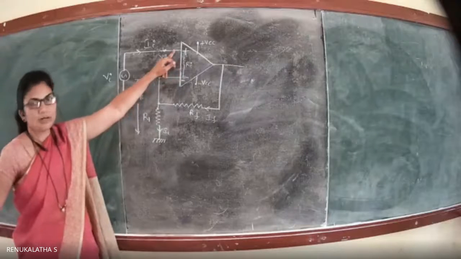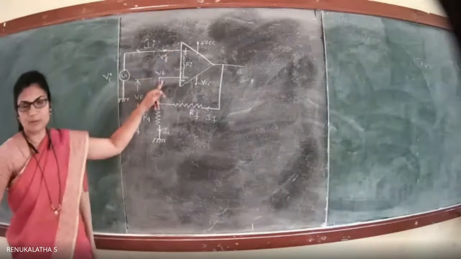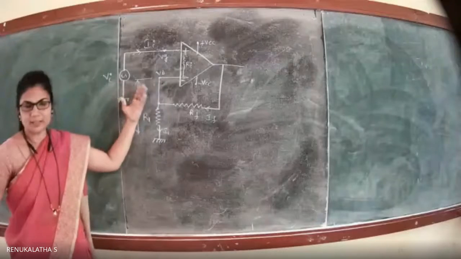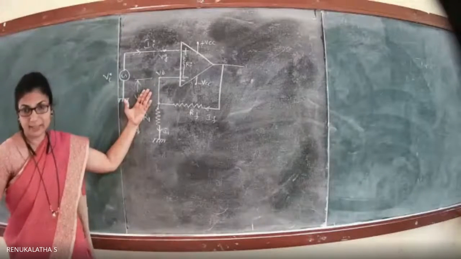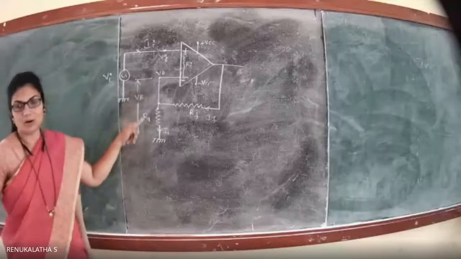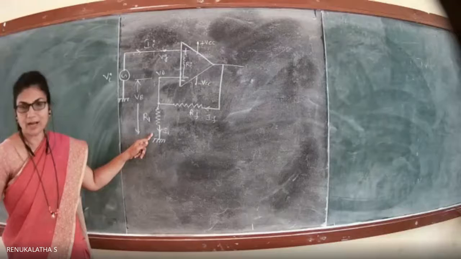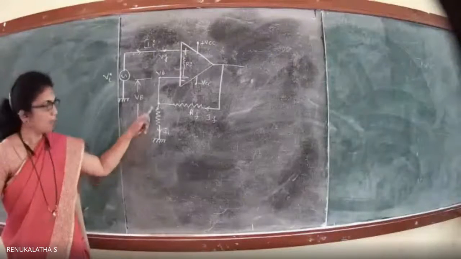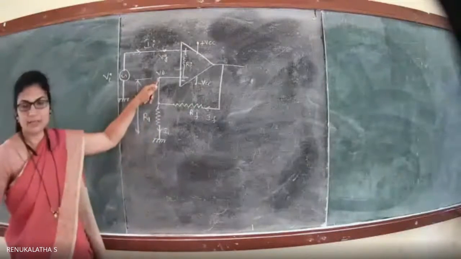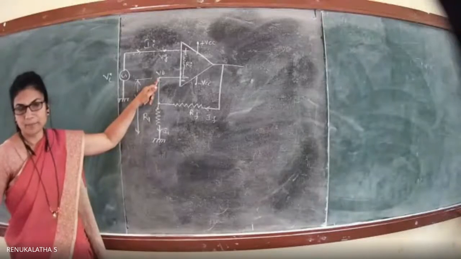Hence the voltage at this point should obviously be equal to the voltage at the other point. The voltage at the other point was known to you, it was grounded directly. Here you see it is not directly grounded, it is grounded through a resistance R1. Hence you will have to find the voltage drop across this R1 to find what is the voltage present exactly at this point.